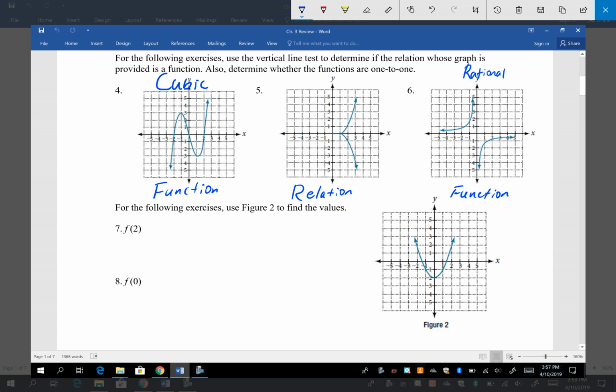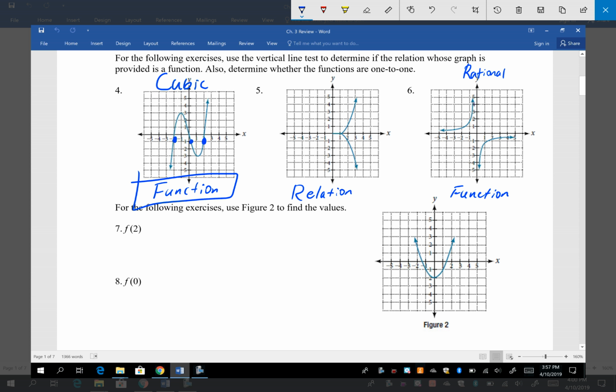So if you use a horizontal line test, you'll see this fails a lot. Right? You see how there's multiple x values that have the same y value. So this is not one-to-one. Am I saying it's not a function? No, it's still definitely a function. It's just not one-to-one. It's not a special function.